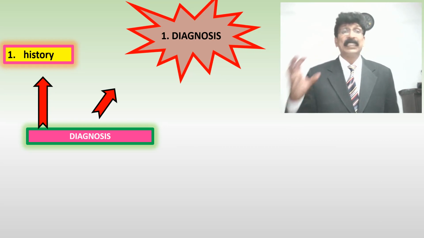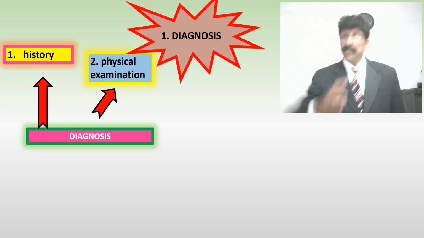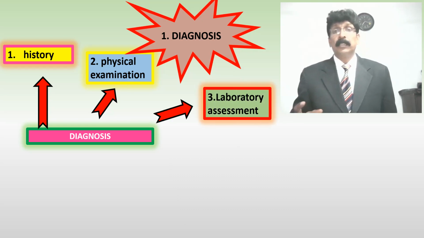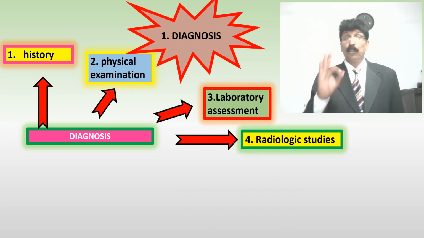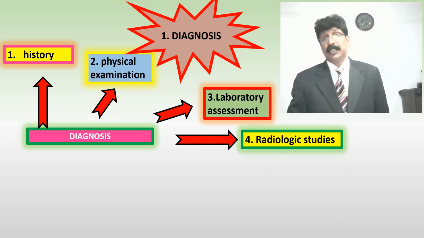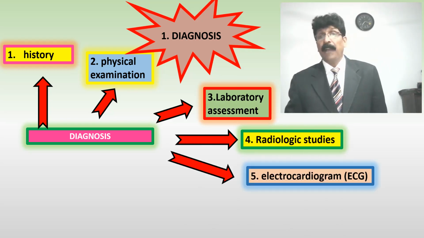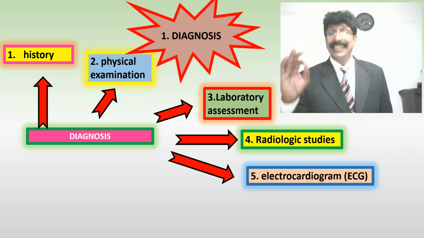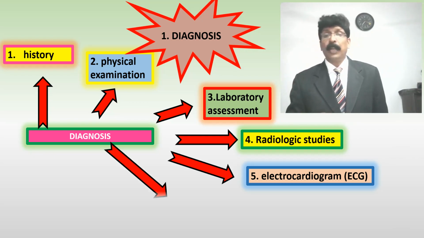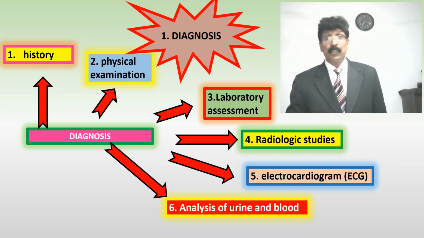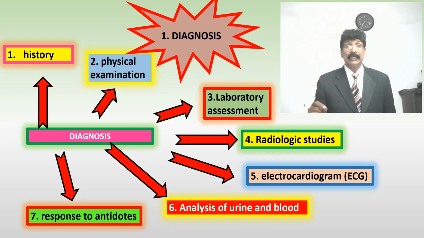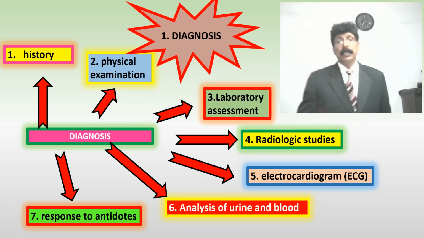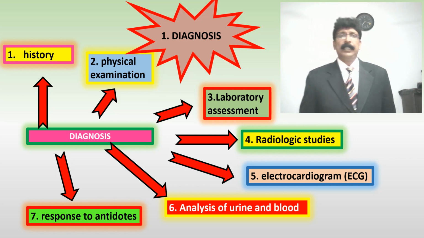So first history, second physical examination, third laboratory assessment, fourth radiologic studies, fifth ECG, electrocardiogram, sixth analysis of urine and blood, and seventh response to antidotes. This can be done in the first initial diagnosis.